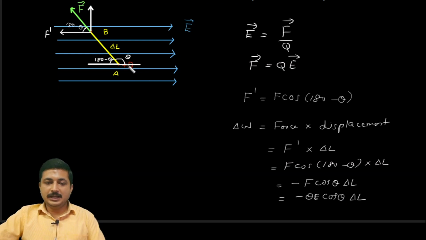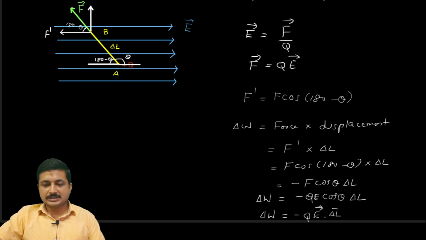See here, this is my delta L and this is my E. So E dot delta L is E delta L cosine of the angle between them. What is the angle between them? Theta. So I have cos theta here. So E delta L cos theta can be written as E dot delta L. So I finally write my work done as minus Q E vector dot delta L vector.